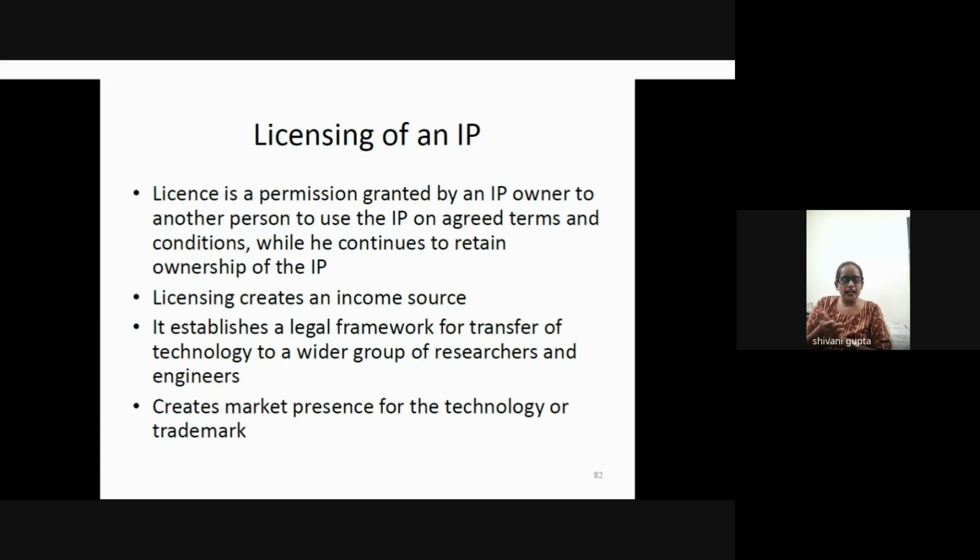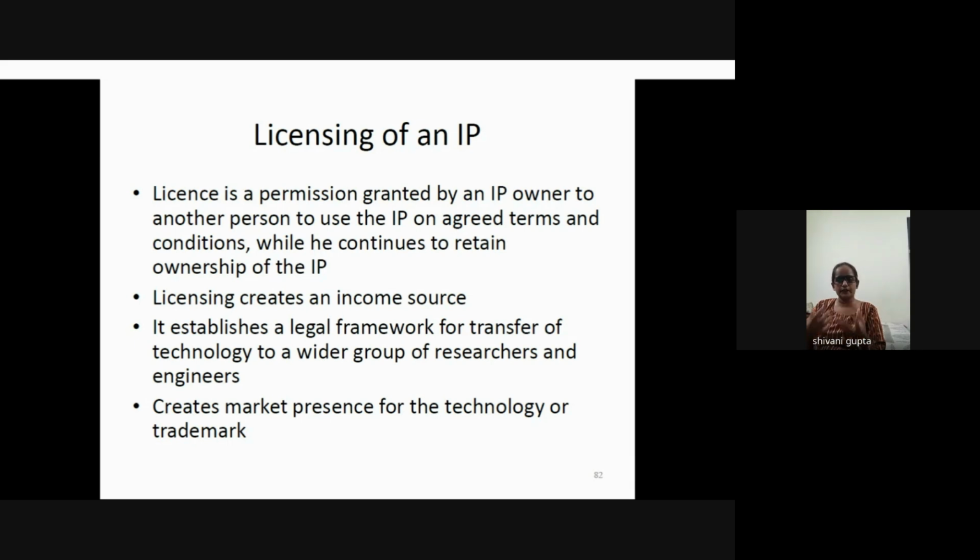Now licensing is a kind of permission granted by an IP owner. The IP owner includes the copyright holder, who is the owner of any copyrighted work, or any patent holder.